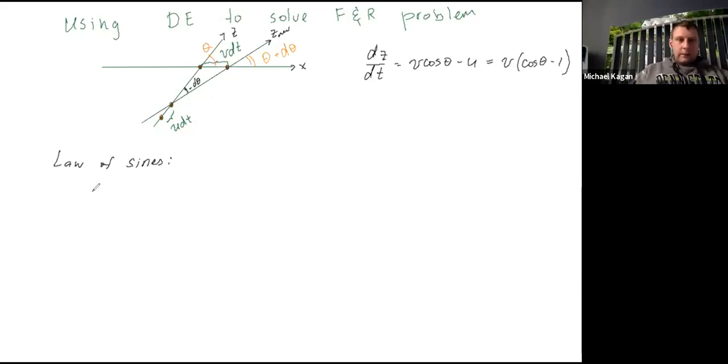So we get sine of minus d theta over v dt equals sine of theta. Now, what is this leg? This is z minus u dt.